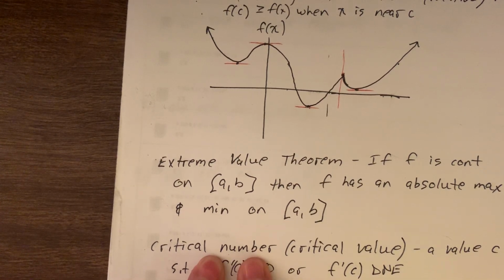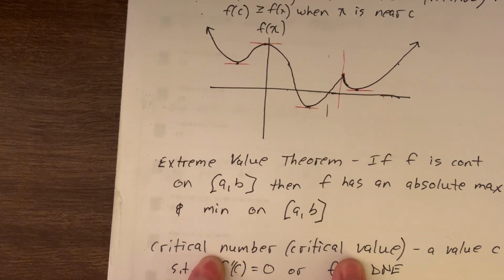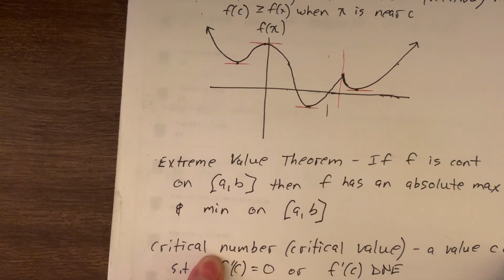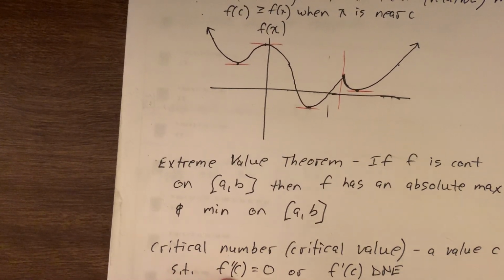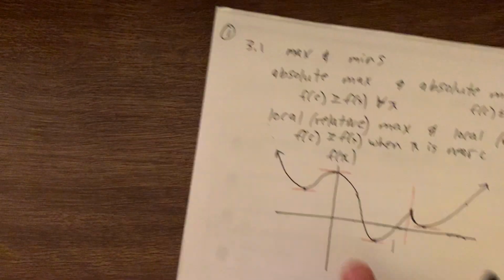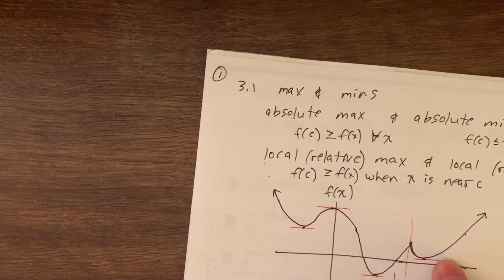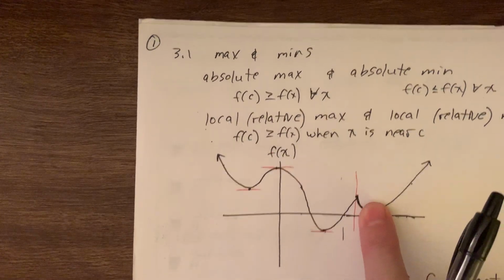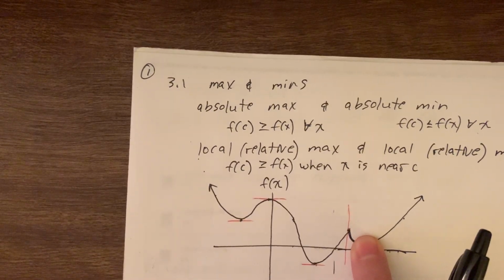Again, our book focuses on critical number. Some other books call it a critical value. But the idea of a critical value is an x-coordinate, so some value c in my domain, such that the derivative at c is 0, meaning we'd have horizontal tangent lines, or the derivative at c does not exist, which is what would happen at this sharp point.